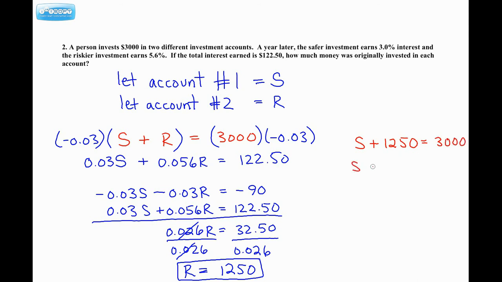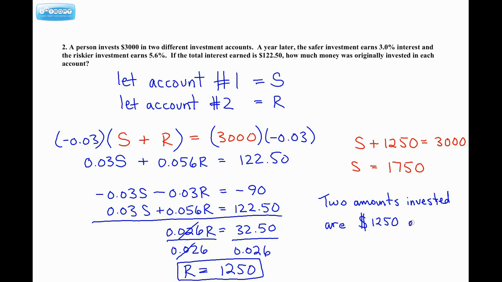So let's just subtract 1250 from both sides, and you get S is equal to 1750. So the two amounts invested, so we're just answering the question, are $1,250.